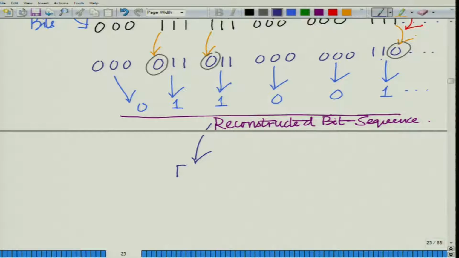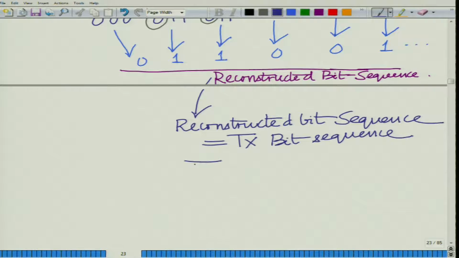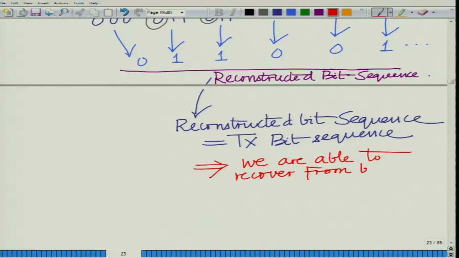The reconstructed bit sequence is equal to the transmitted bit sequence despite the bit errors, which implies that we are able to recover from the bit errors.